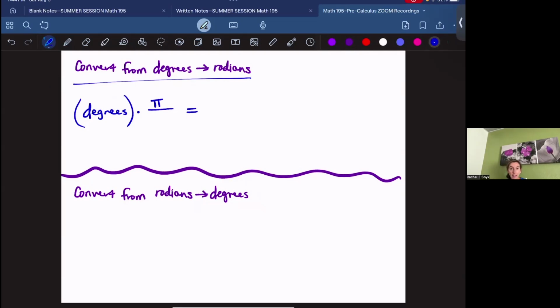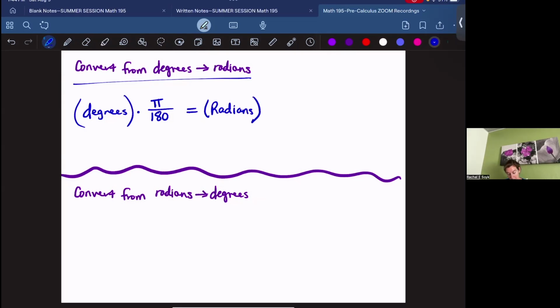And then we're dividing by, well, with radians, it's fractional. So the common number that we'll be using is 180. We're dividing this degrees by 180 to figure out that fractional relationship. And so that will give us our answer in radians.